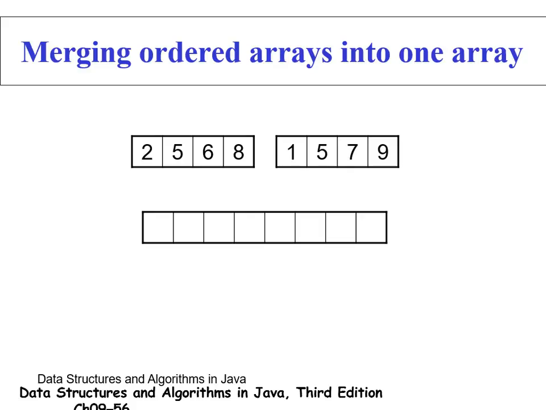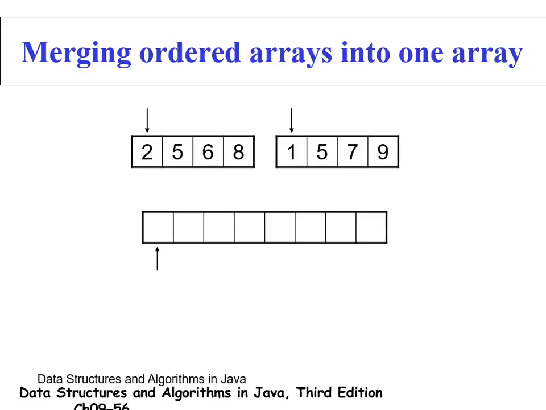It's not that hard. Can you write this algorithm to merge into an array? You have two arrays, A and B. You're going to merge A and B, put into C. This is A, this is B. How can we write the algorithm?